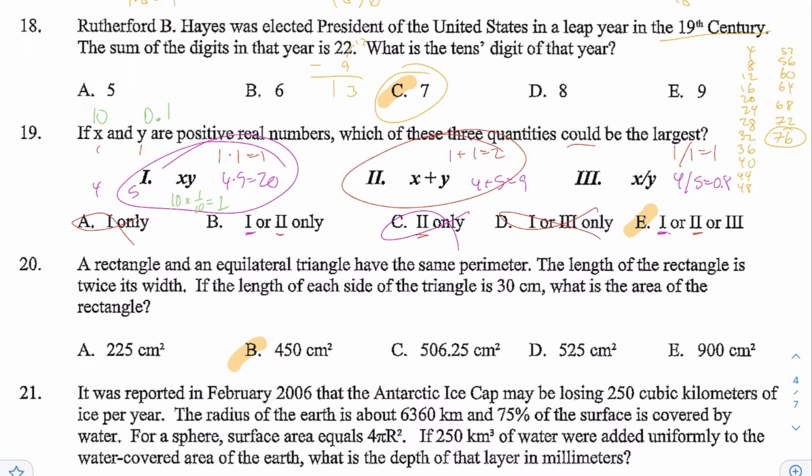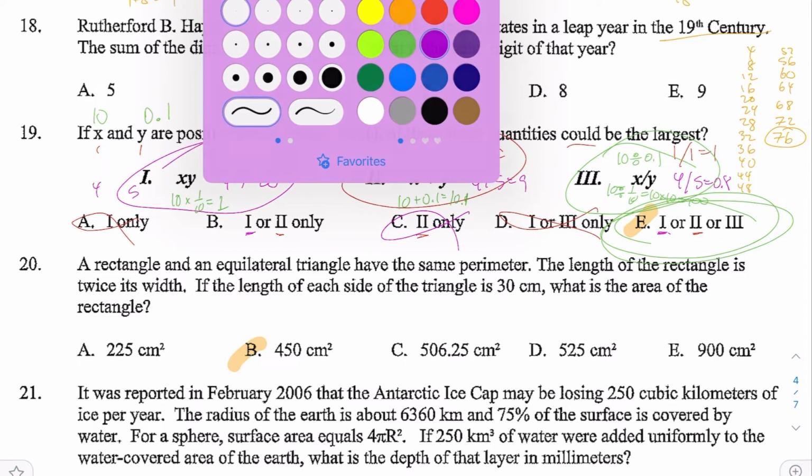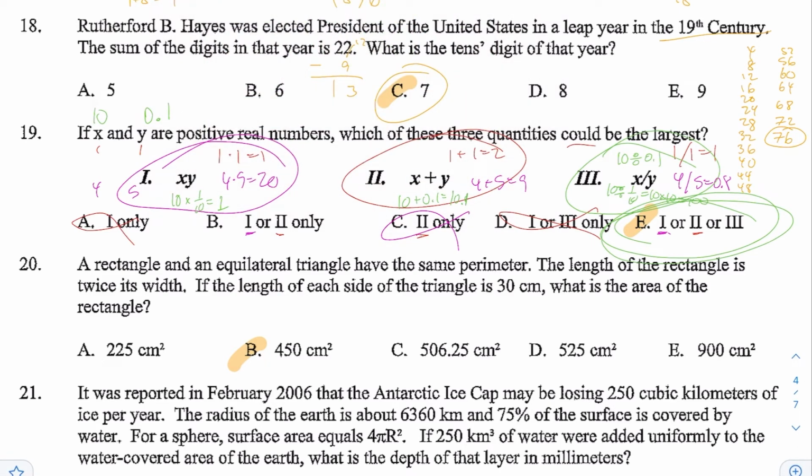For 2, that's 10 plus 0.1, that's 10.1. But for choice 3, if you do 10 divided by 0.1, or 10 divided by 1/10, that's really 10 times 10 when you keep change flip, and that's 100. So 3 could also be the largest. So the answer is 1, 2, or 3. So this one you just substitute in and guess and check.